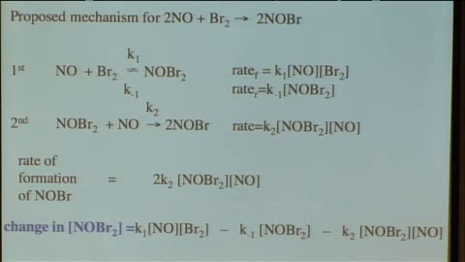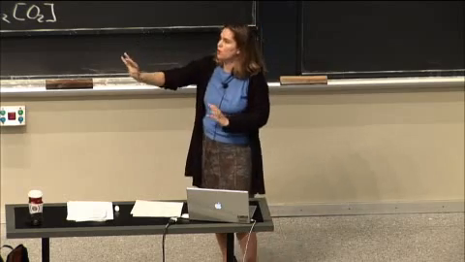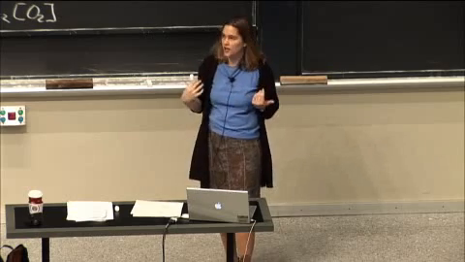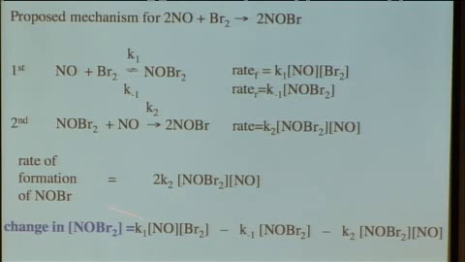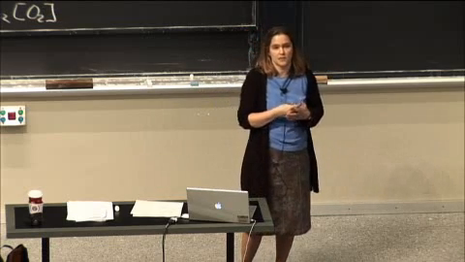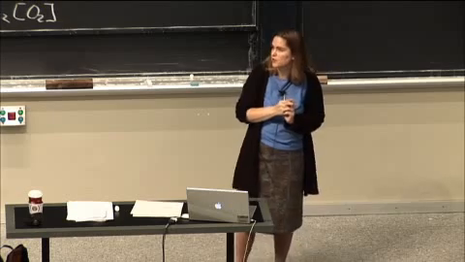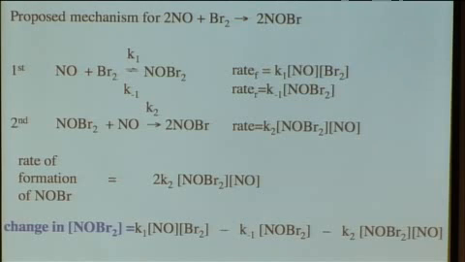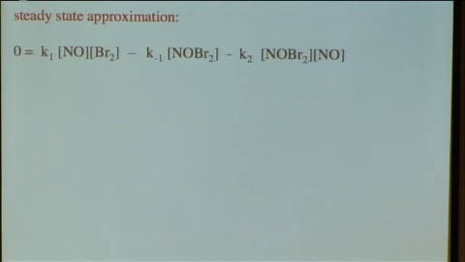So this is how we write it if we don't know anything about what's slow and what's fast. This will always work to write things this way. So that's the overall change in the concentration of the intermediate, how it's being formed, decomposed, and consumed. Now we can use the steady state approximation, and you can always use the steady state approximation in these problems, and that says that this net change is going to be equal to 0.